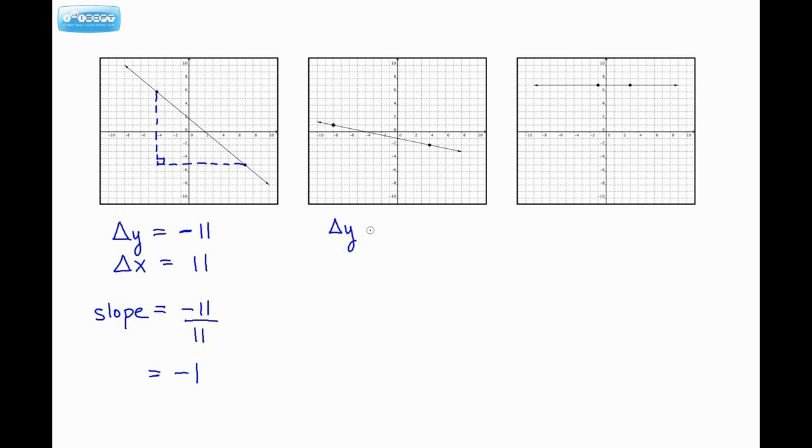What's our vertical change? Our leftmost point is here, so we have to go down 1, 2, 3. That's down. Whenever you go down, it's negative. If you go up, it's positive.